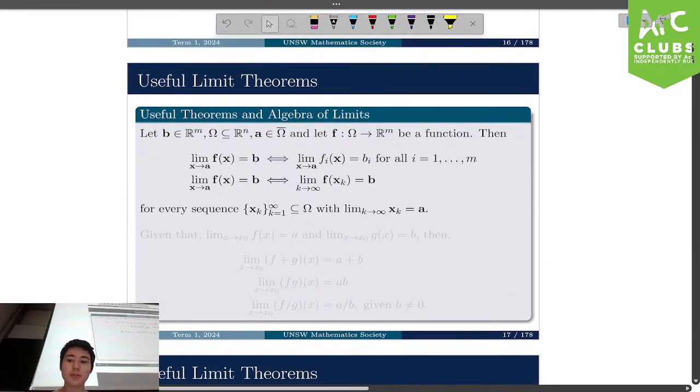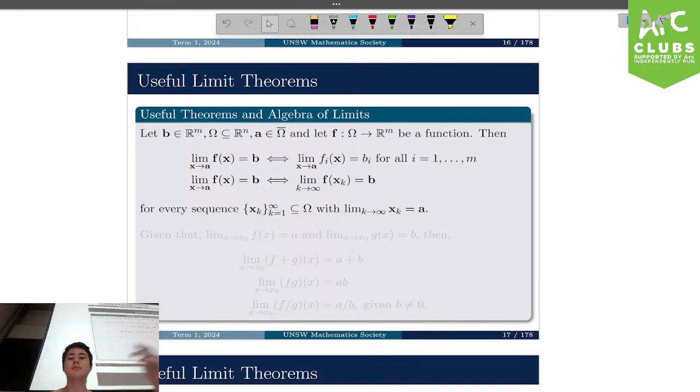Now some more useful limit theorems. Limits imply the component-wise limit, as we described before for things like our parameterization of curves. And we also have that this limit definition can also be used for limit points through a function.